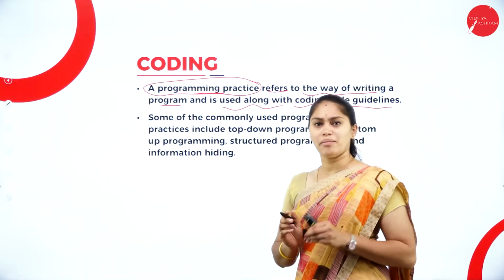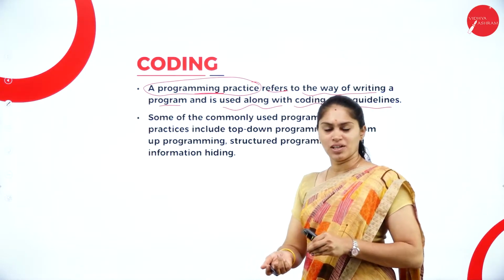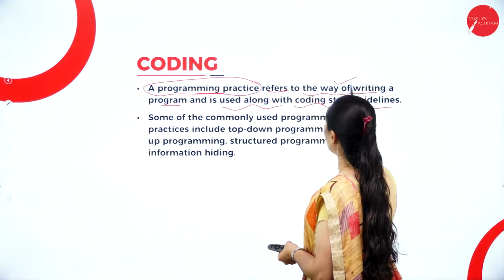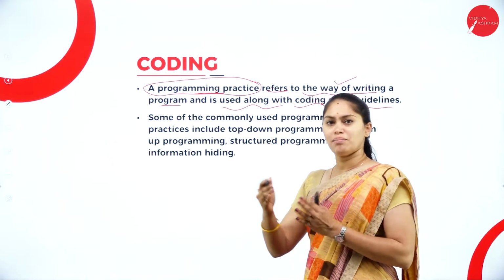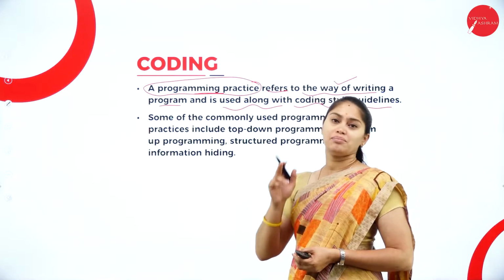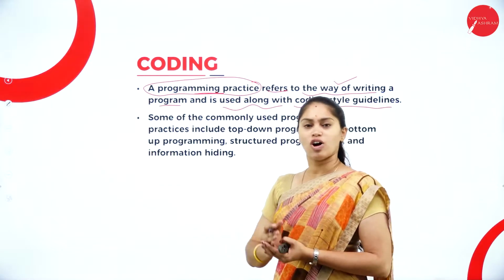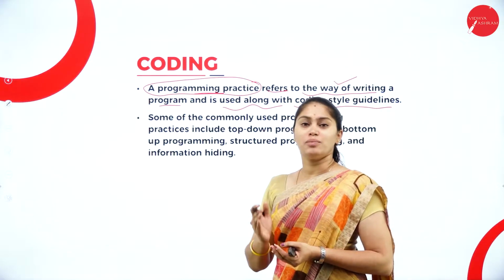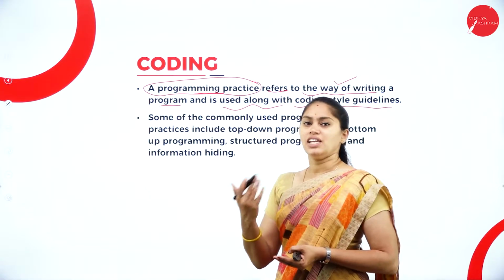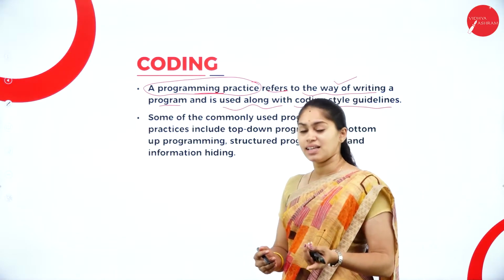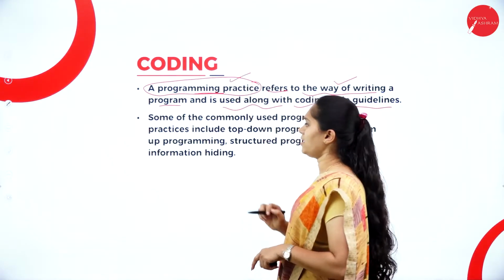We are using some programming languages to make the computer work as per our requirements, and this is one way of writing a program: writing a program by understanding the guidelines of programming. We have to follow the syntax and semantics of a particular programming language. If you write a program making use of those guidelines, then we can call that practice programming practice.